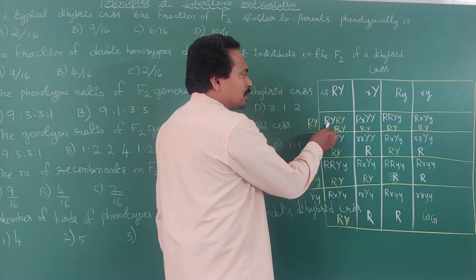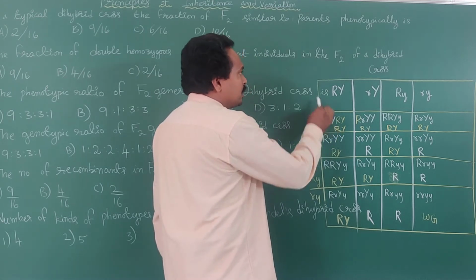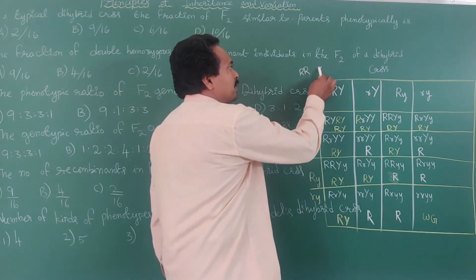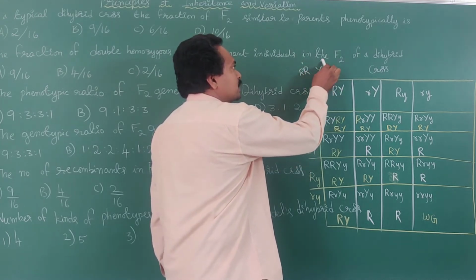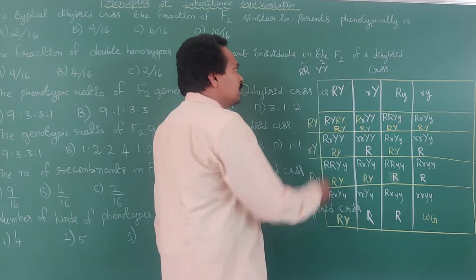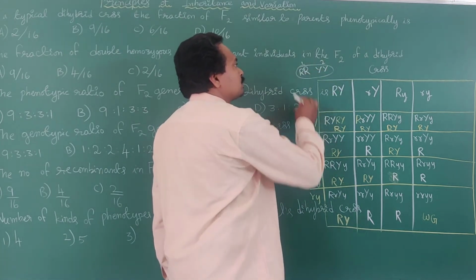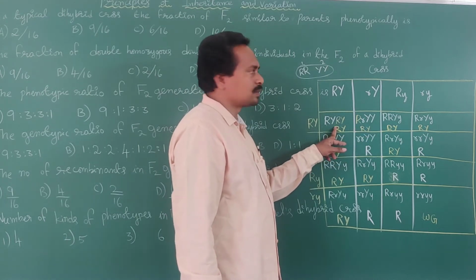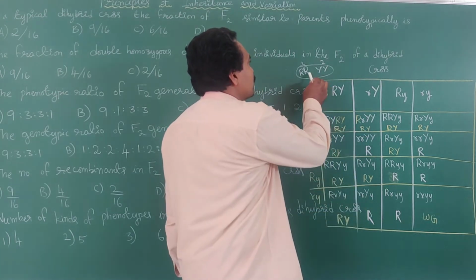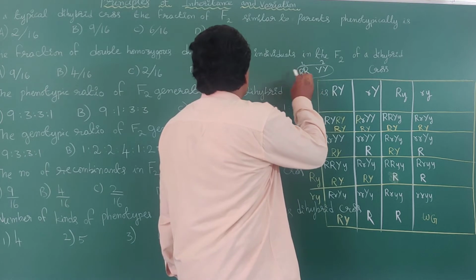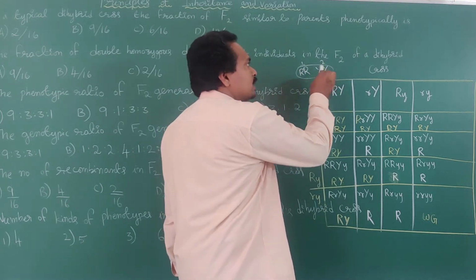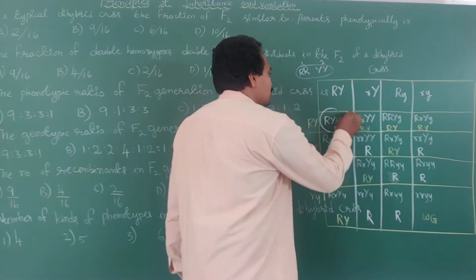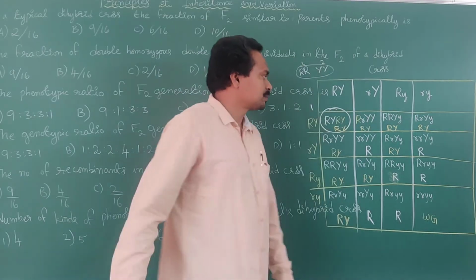The capital A, capital R, one homozygous. Capital A, second homozygous. So double homozygous, double dominant. Is there any other progeny other than this? No. Only one. Double homozygous, double dominant individuals in the F2 of dihybrid cross is only one.